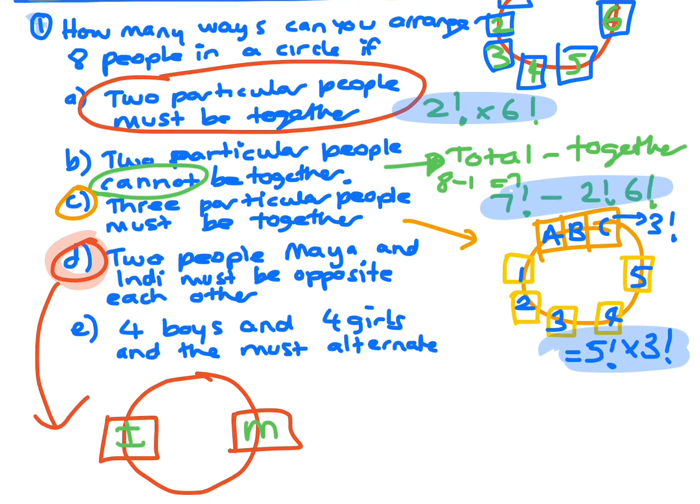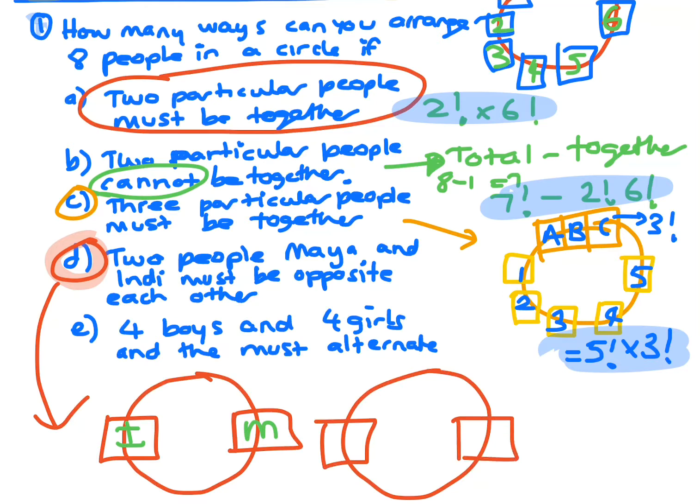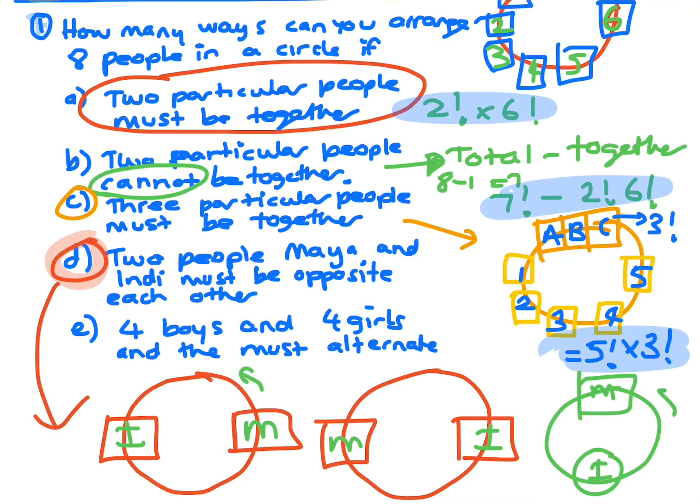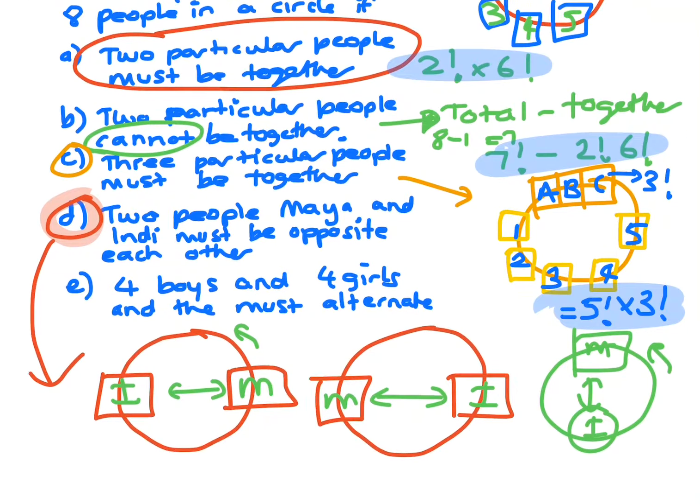Would that be different if I turn my circle around and I put Maya here and Indy there? Is that a different order at all? And you can see that it actually isn't. All we're doing is turning the circle around. They are still opposite each other. So therefore it does not count for another possibility. So if we put them together like that, that's only in one way.